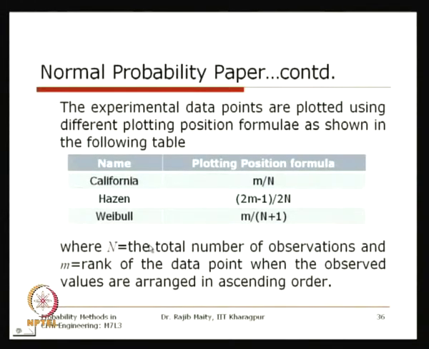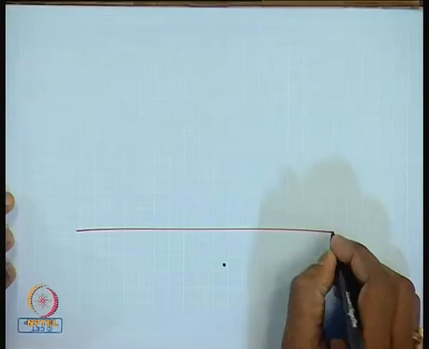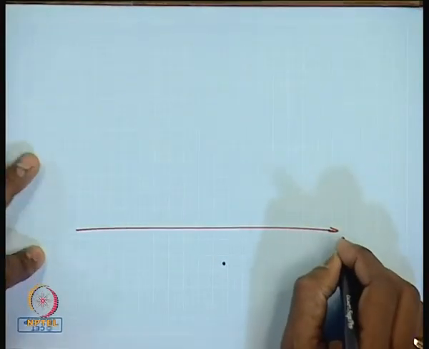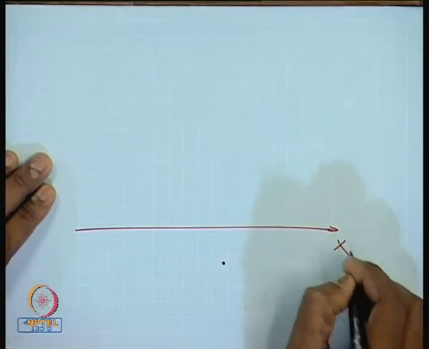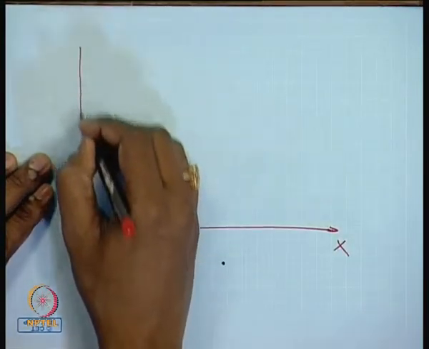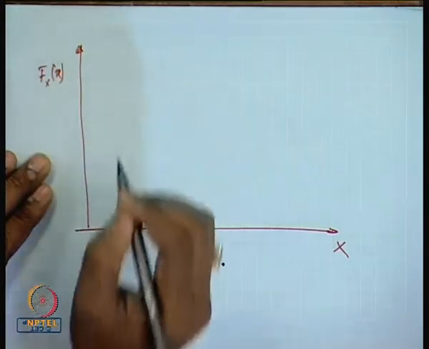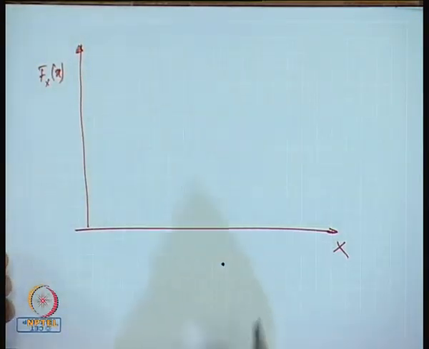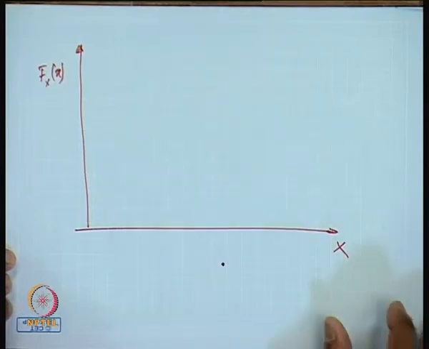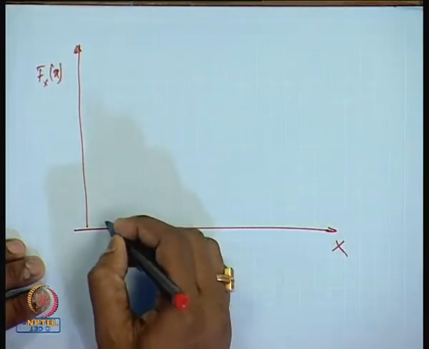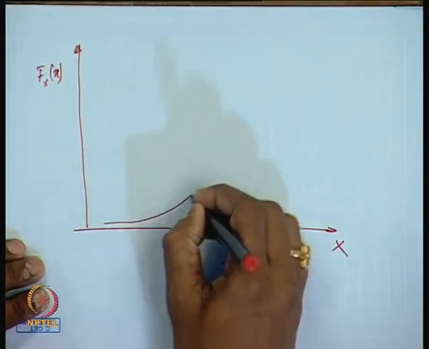Now, before I go further, let me see graphically how the concept is taken. If this is the axis for your random variable x, and this is the cumulative probability axis, F(x) for this specific value x, which is a cumulative distribution, you have seen earlier towards the beginning of this course that this distribution generally looks like this.